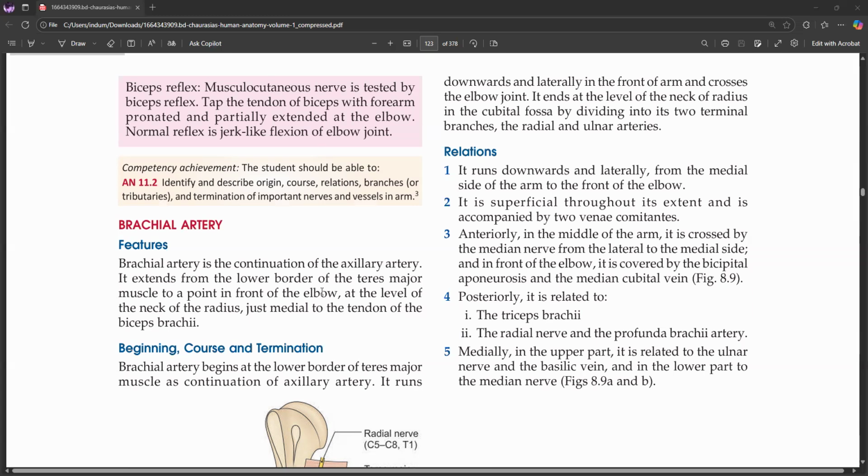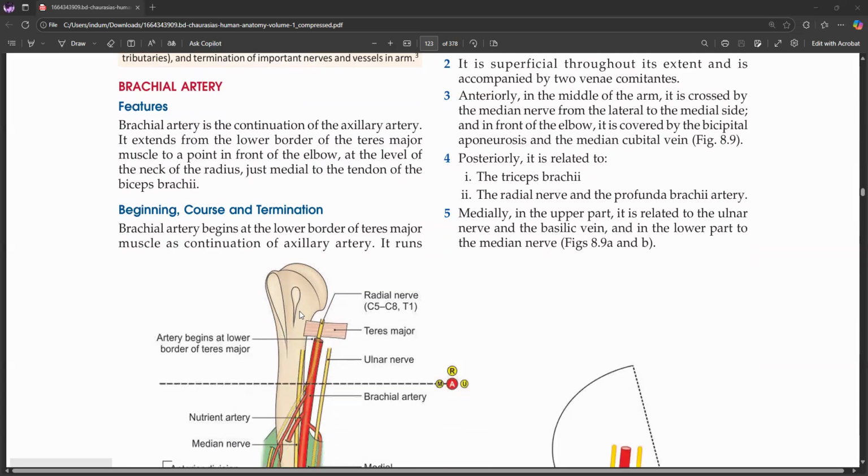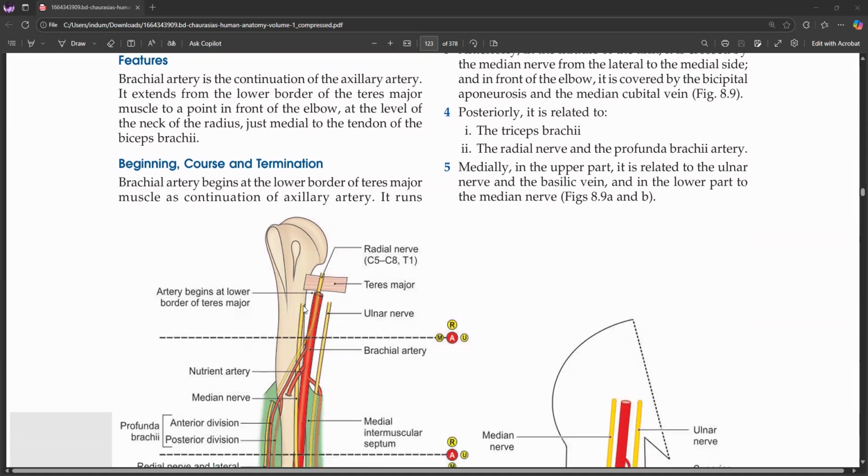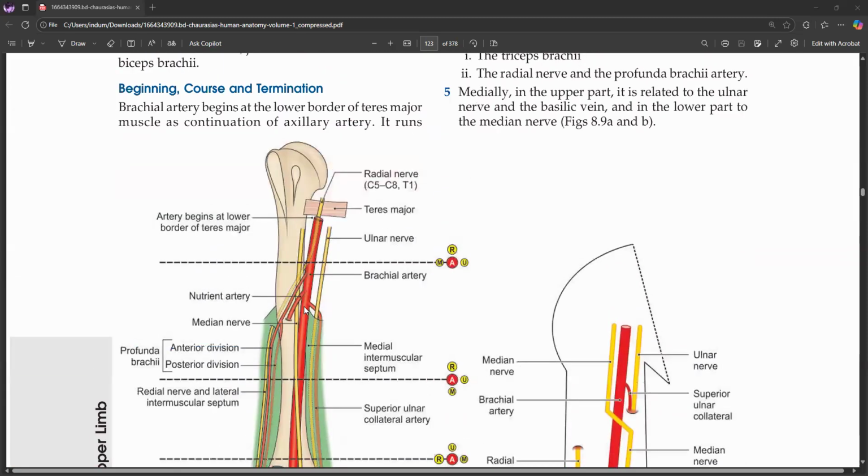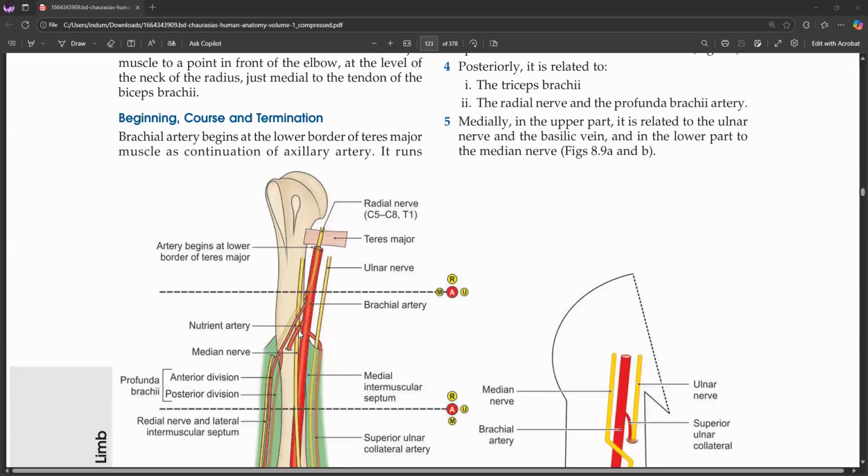Brachial artery. Features. Brachial artery is the continuation of the axillary artery. It extends from the lower border of the teres major muscle to a point in front of the elbow at the level of the neck of the radius, just medial to the tendon of the biceps brachii. Beginning, course, and termination.